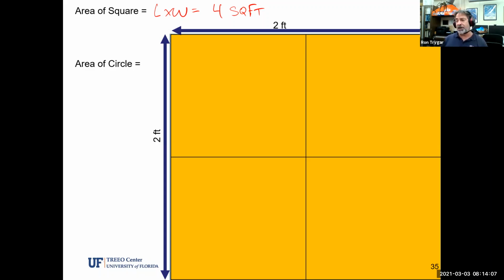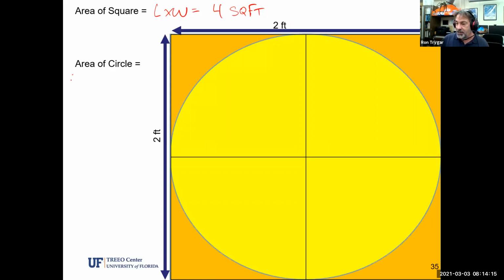But what would the area of the circle be if we were to put a circle inside this? So here's our circular shape. Now, remember, the area of a circle is 3.14 times radius squared, or 0.785 times D squared. Remember, that's how we do the area of a circle. So if we did the 0.785 method, we have the diameter right here.